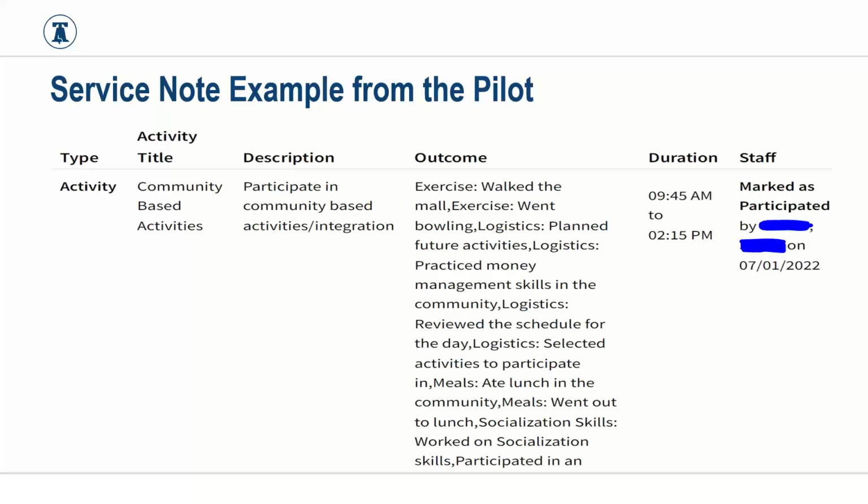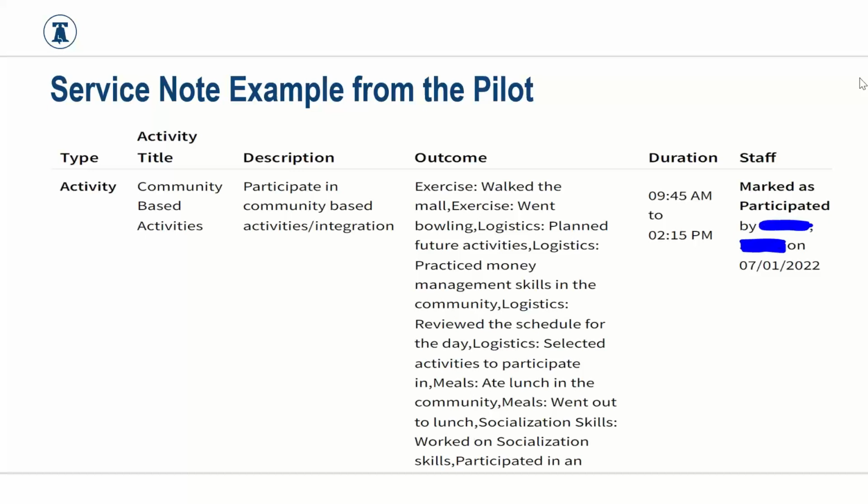It really is, if it includes information that's in that guidance, so if it includes activities as outlined in the person-centered plan for that service, and it's connected to that particular participant, then that is showing us the service documentation that's required for that service note.